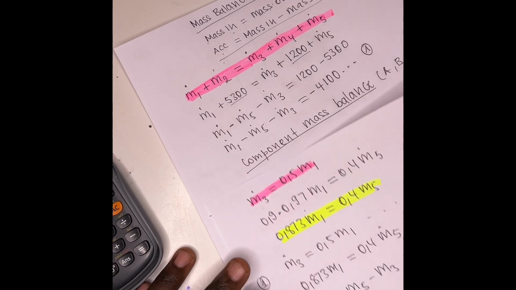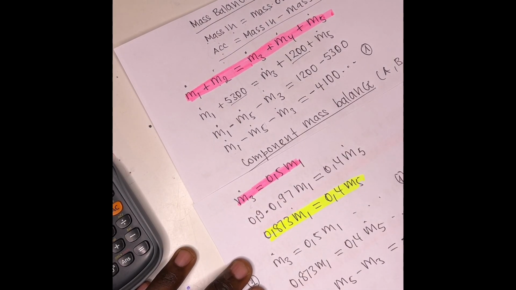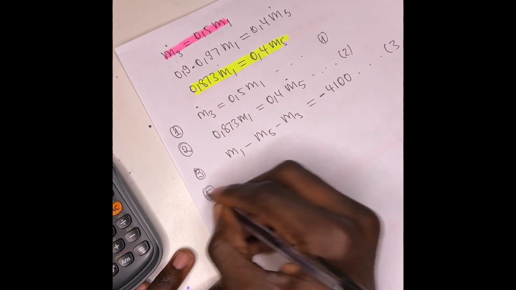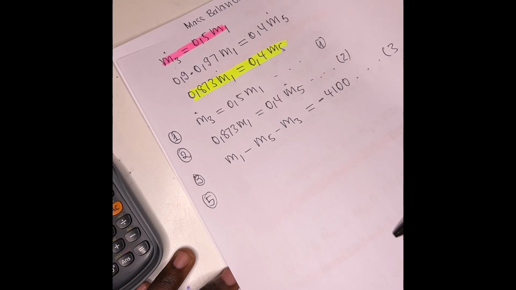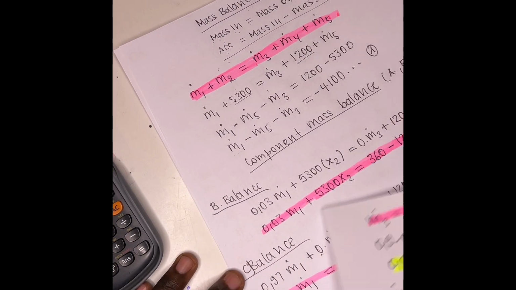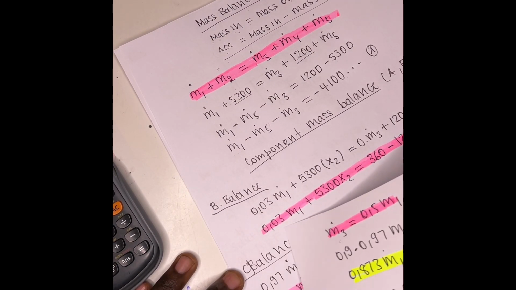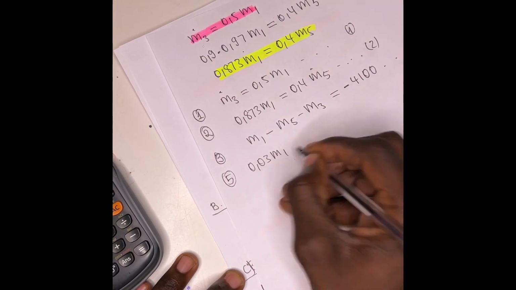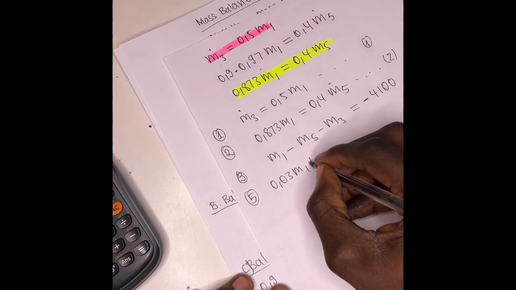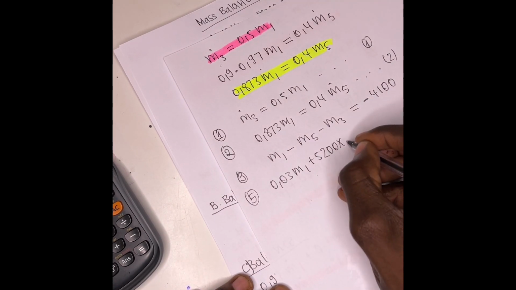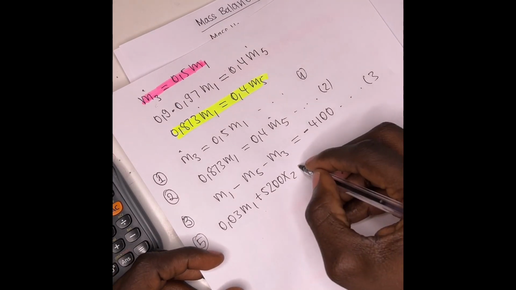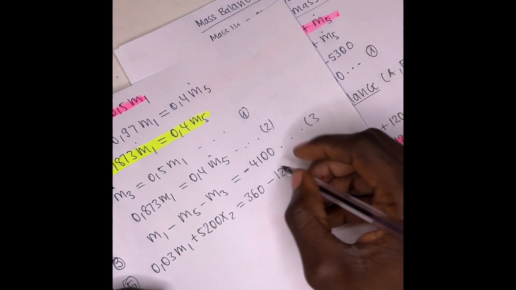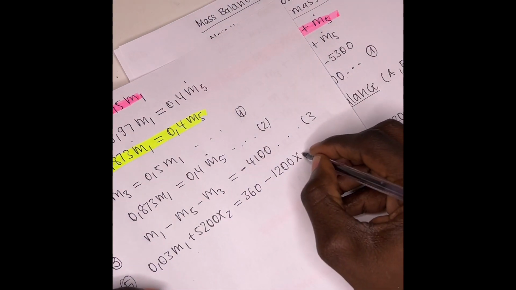Guys, can you see? I just copy this equation and put it here. And then which equation do we need? I can come here and put also 5. All the equations we already found are already there. So I'm going to take this equation: 0.03 M1 plus 5200 x2 is equal to 360 here, and then minus 11200 x4.